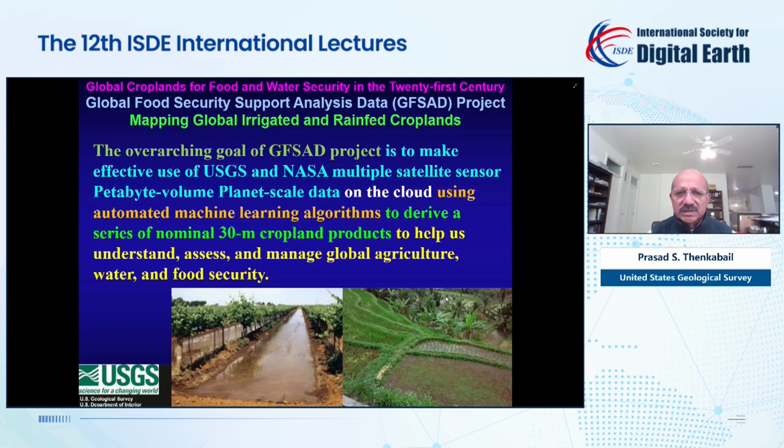USGS holds all the data, and USGS distributes this data from the NASA satellites that are launched. So there is petabyte computing, cloud computing, automated machine learning algorithms, and at 30-meter resolution, this is probably the highest resolution for cropland mapping, and for the various cropland products that are being generated.